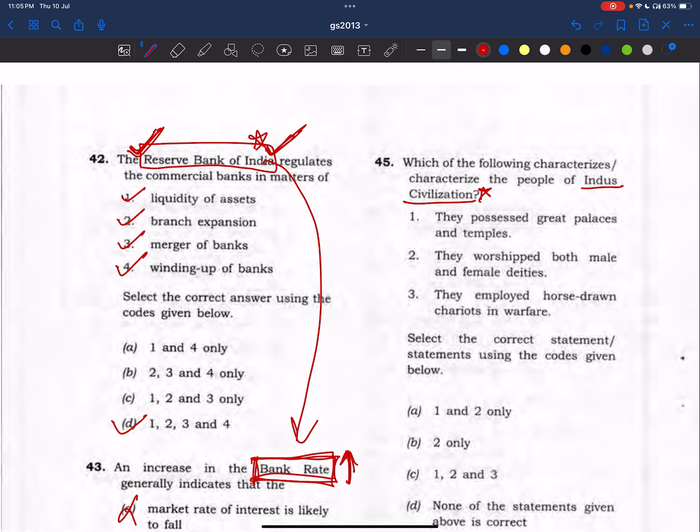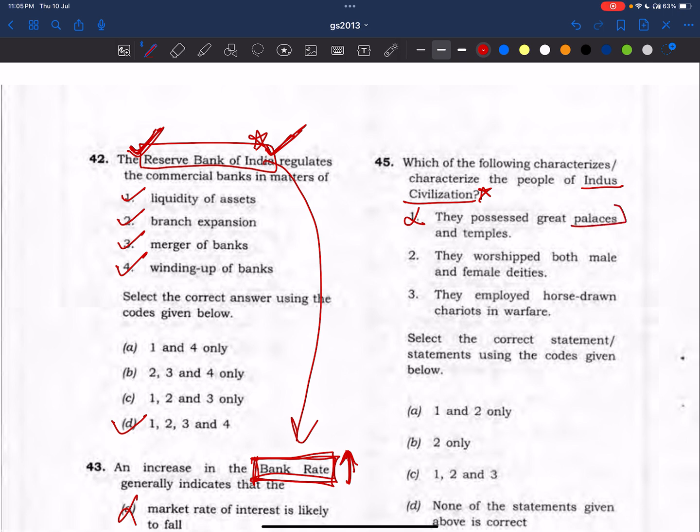Now, see, they possessed great palaces and temples. No, most of the monuments or constructions or architecture of the Indus Valley civilization are more secular, right? And there is no evidence of any temples and palaces, right?